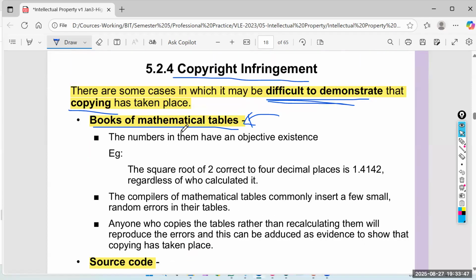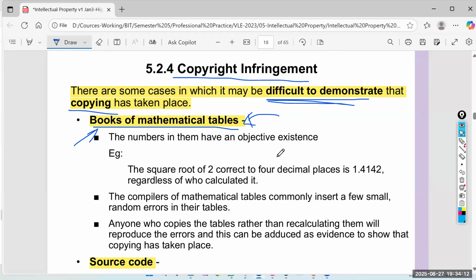So there are some interesting things people can do to preserve their copyrights. Sometimes they can intentionally include a small error, to say actually it is 1.4141, but you would just edit it as 1.4142, maybe in a few places.